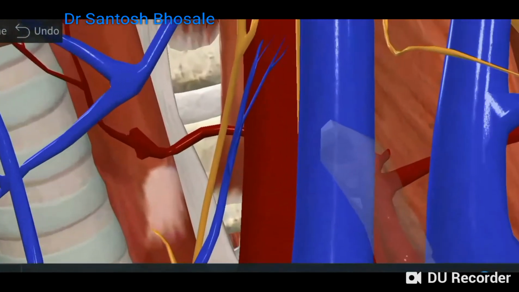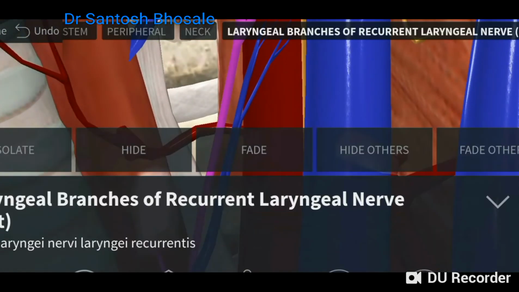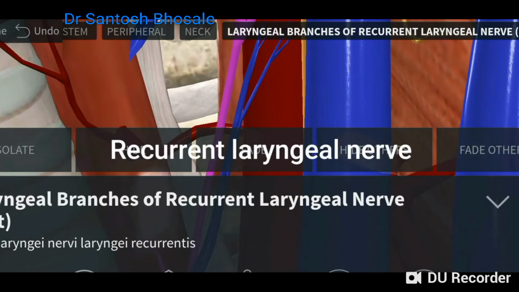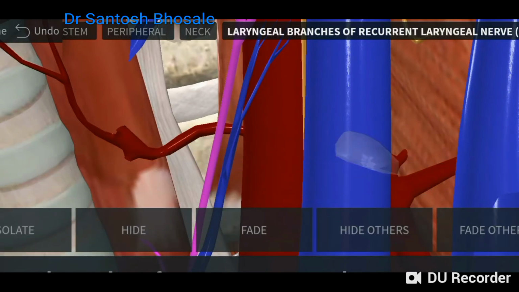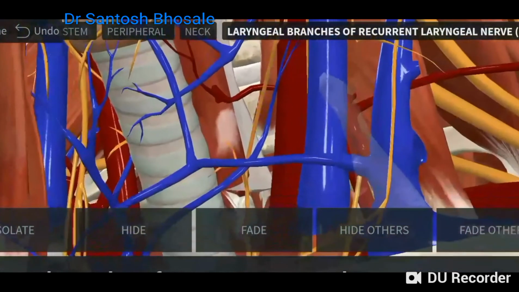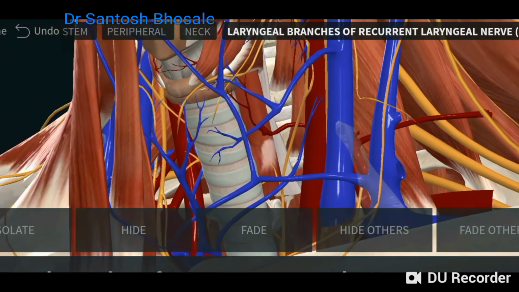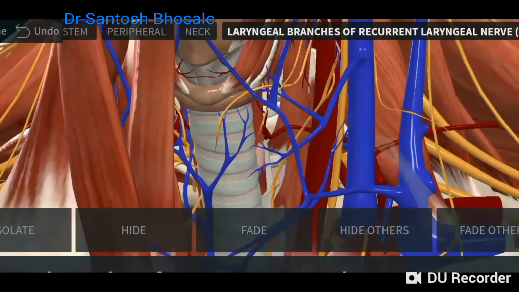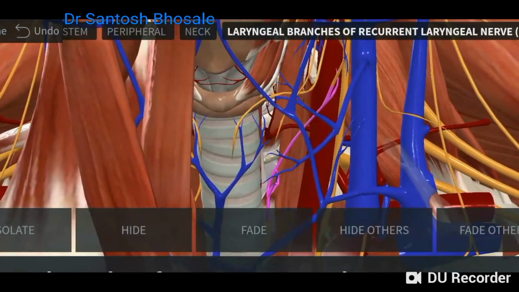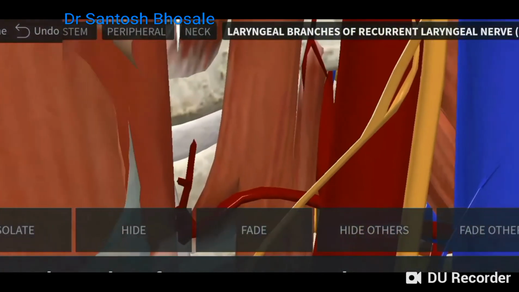The entire carotid sheath is related to the posterior surface of the lateral lobe, and now we are showing you the carotid sheath there, and then the recurrent laryngeal nerve related to the medial surface there. In the anterior triangle dissection, we had discussed the carotid triangle and carotid sheath, and in the anterior part of the carotid sheath you will see the ansa cervicalis.